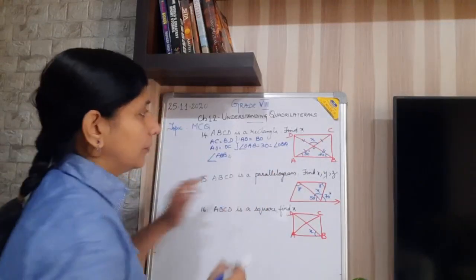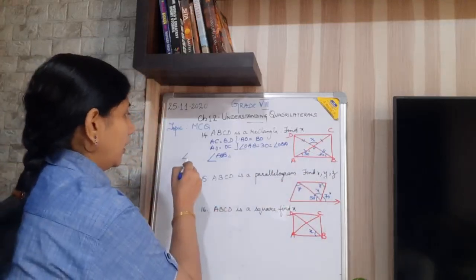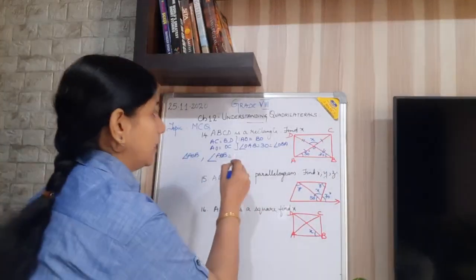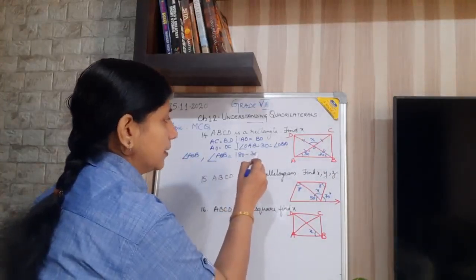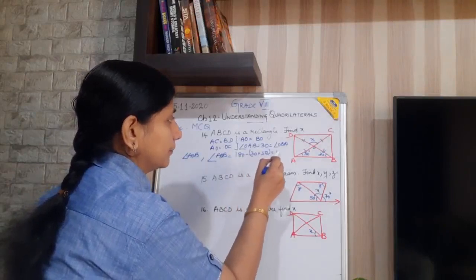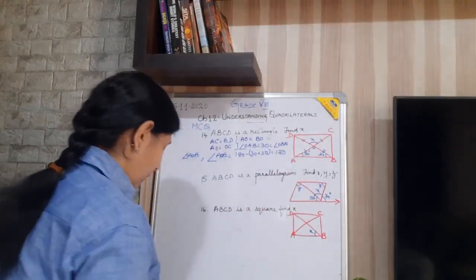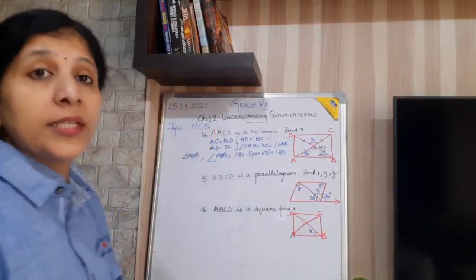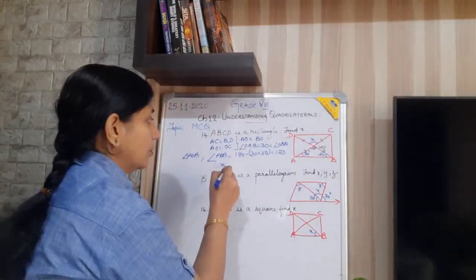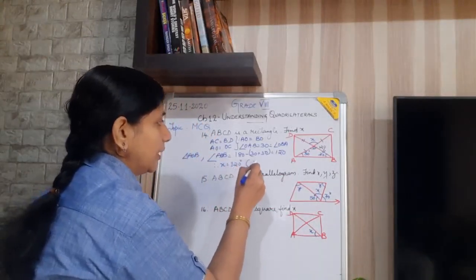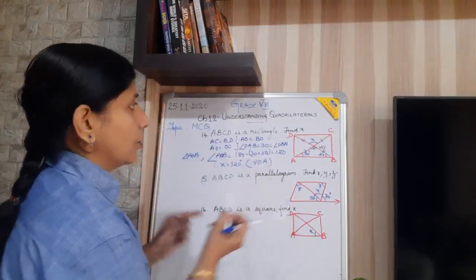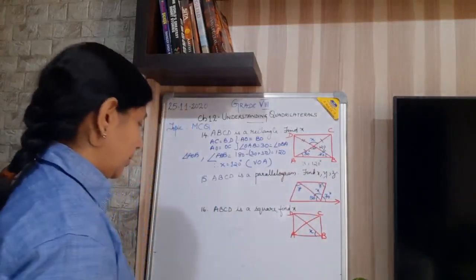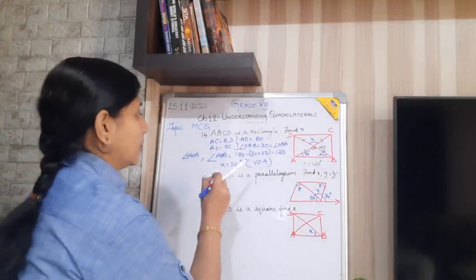In triangle AOB, angle AOB equals 180 minus 30 plus 30, it is 120. So this one you got as 120. So what about x? x will be 120. Therefore x is equal to 120 degree. Reason is vertically opposite angle.